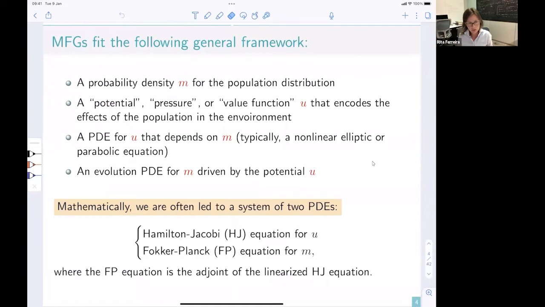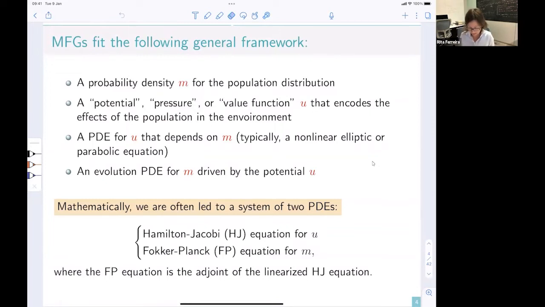And these two unknowns are solutions of a problem, and typically U solves a nonlinear elliptic or parabolic equation that depends on M, and M solves an evolution PDE that is driven by the potential U.